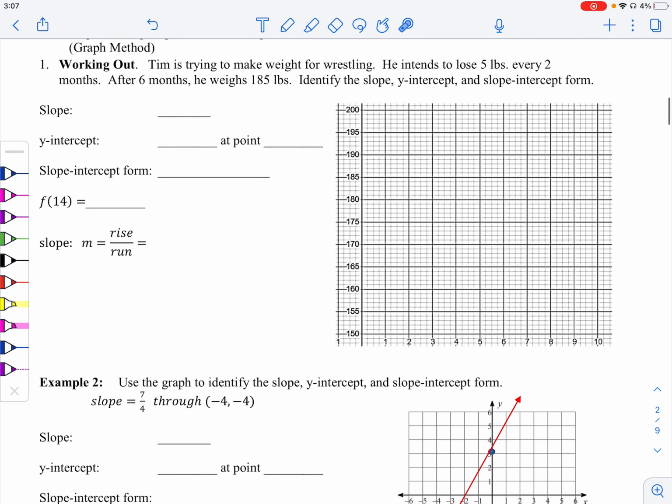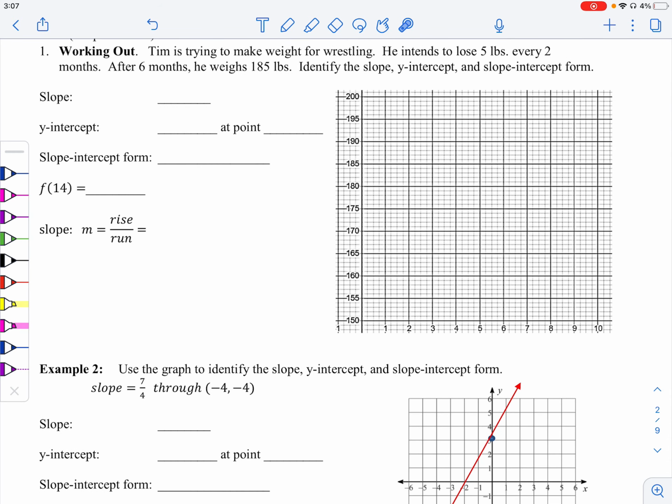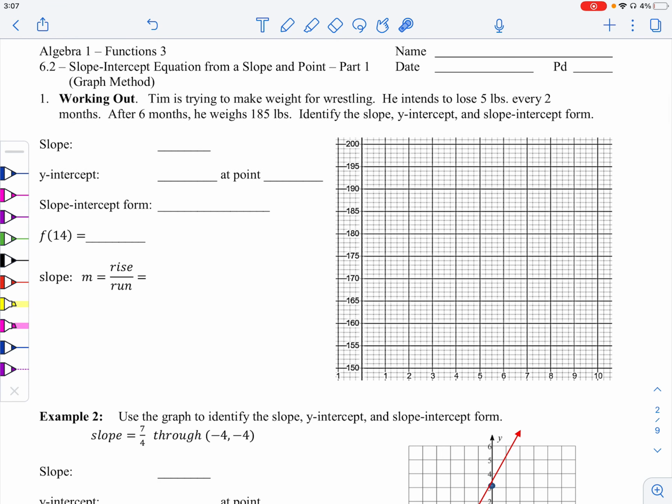Okay, working out. So Tim is trying to make weight for wrestling. He tends to lose 5 pounds every 2 months. Let's write it over here to make it easier.